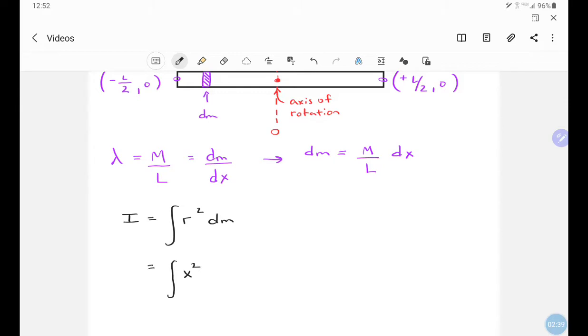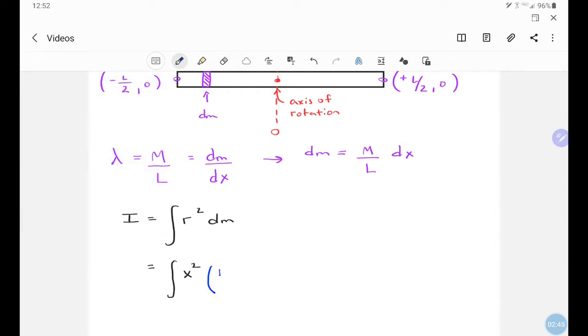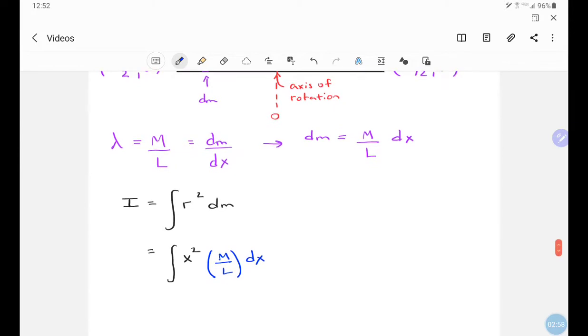I'm going to plug in my expression for dm, that is mass per unit length times dx. And we are integrating over the length of the rod, taking into account that the axis of rotation is 0. So along x, that would be integrating between minus L over 2 and positive L over 2.